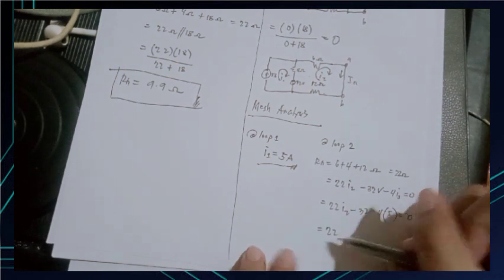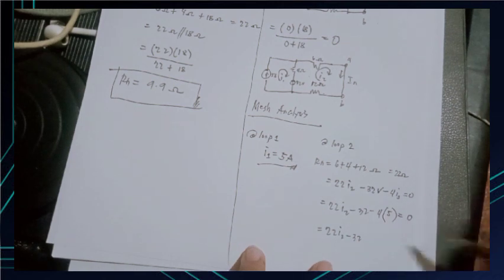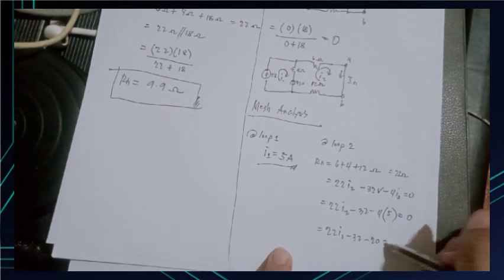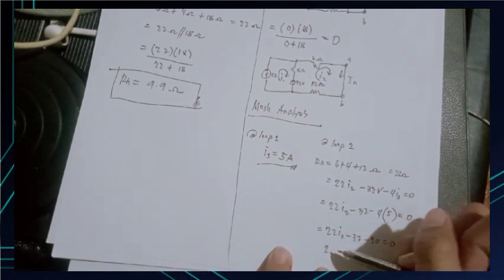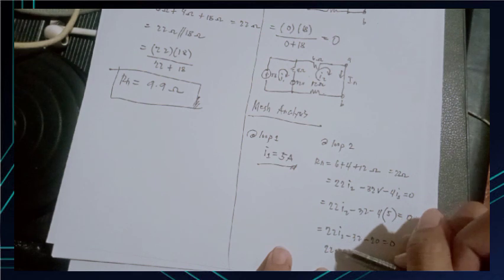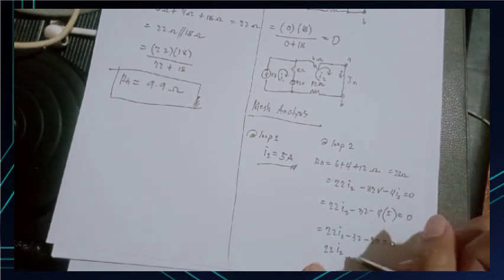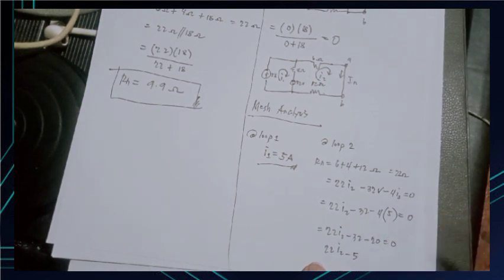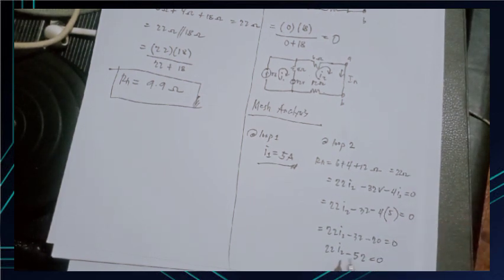So 22 I2 minus 32 minus 4 times 5 equals 20 equals 0. So 22 I2 minus 32 minus 20, so 52 is equals to 0.